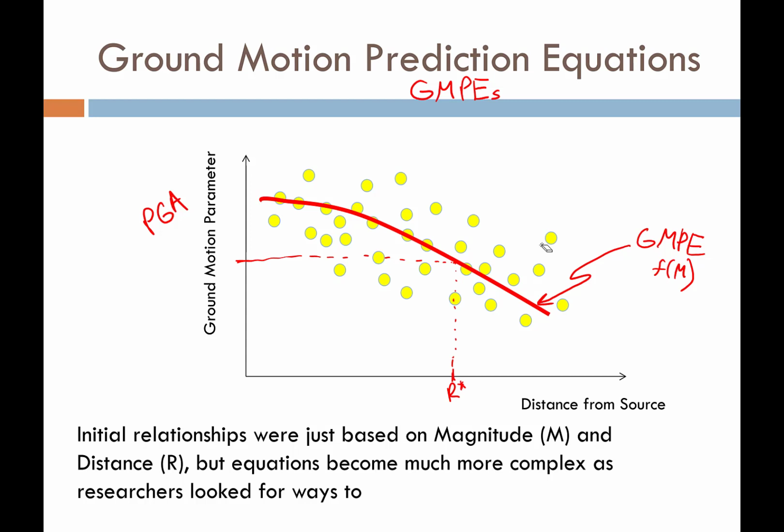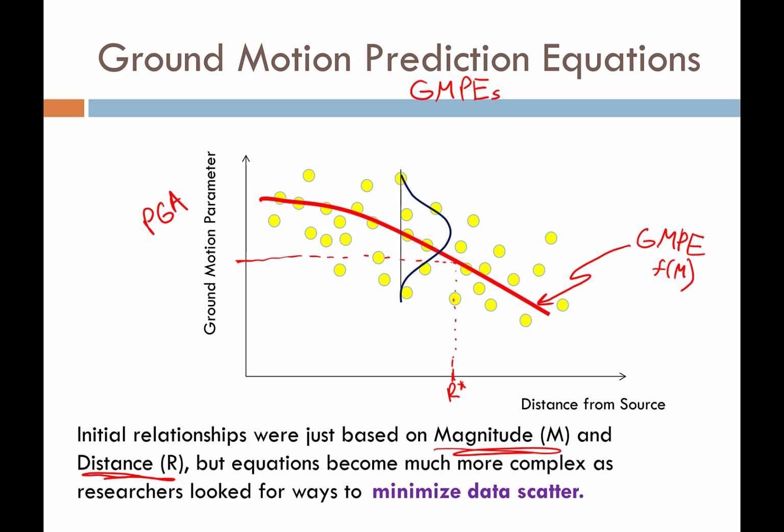So these initial GMPEs, the very first ones that were built, were just based on earthquake magnitude and that source to site distance. But since that time, GMPEs have become much more sophisticated and more complex as researchers continue to look for ways to minimize this scatter of the data.